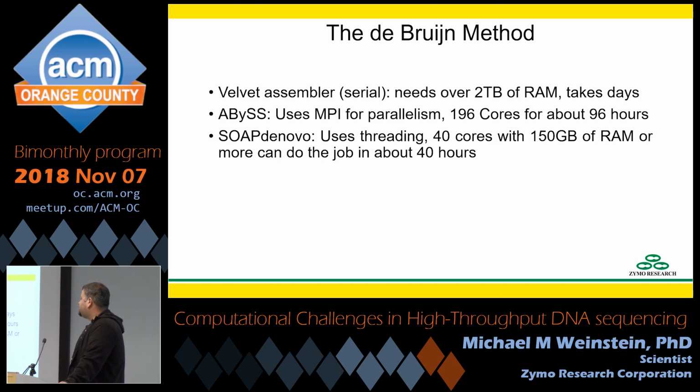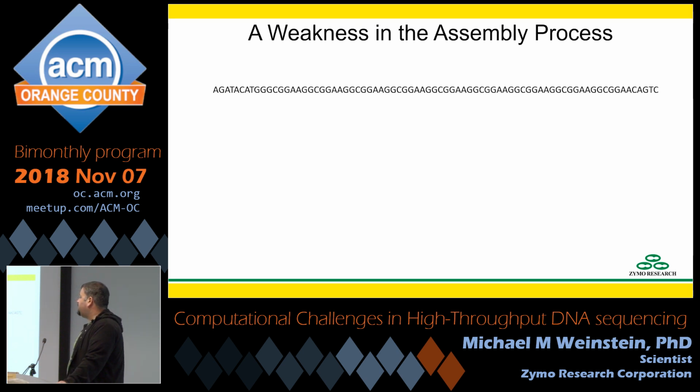The fastest one right now is SOAPdenovo, and that'll do it in about 40 hours, but still the computing resources required for assembling a draft genome are just astounding right now. Unfortunately, I think it is just inherently computationally intensive, and I don't think we're going to see a day where this doesn't require a lot of computing resources. I can't imagine there's going to be some major hack somebody finds for this.